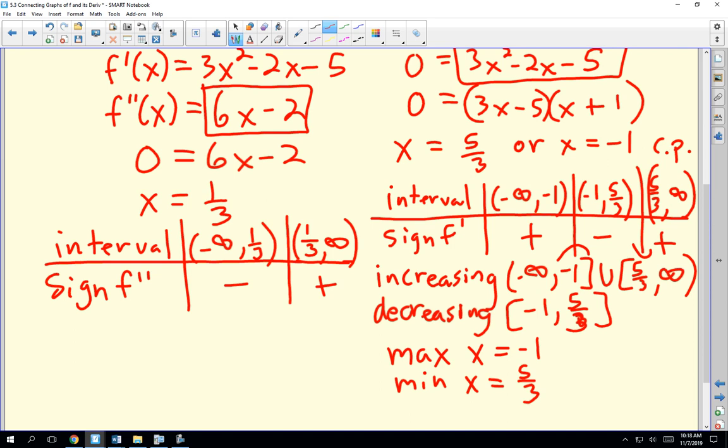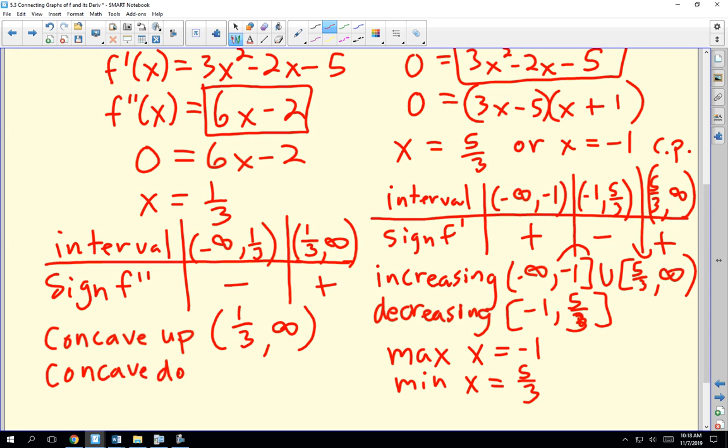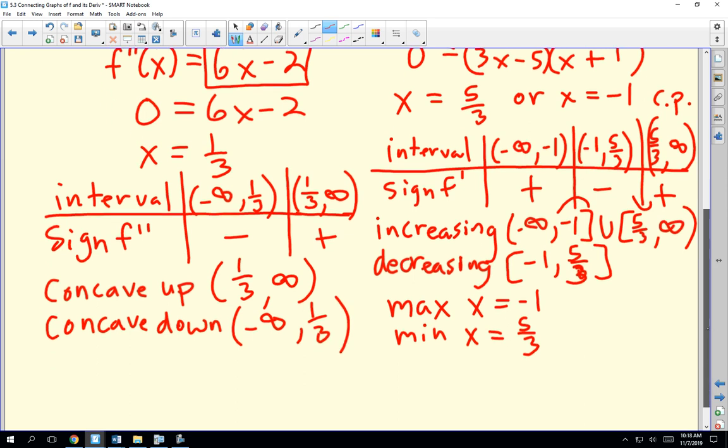So concave up interval. Concave up is 1/3 to infinity. Concave down is -infinity to 1/3. Point of inflection.